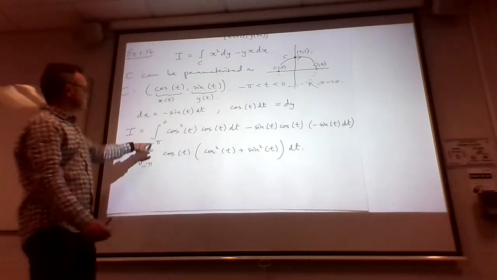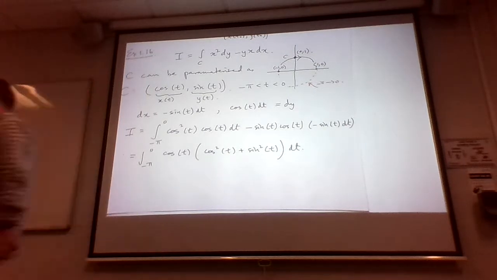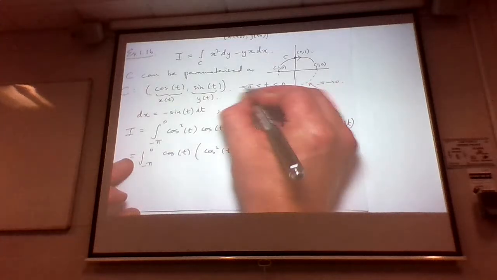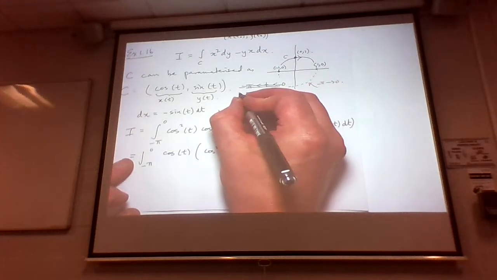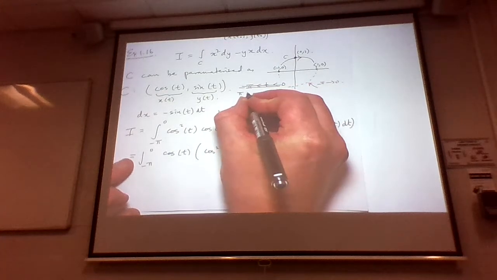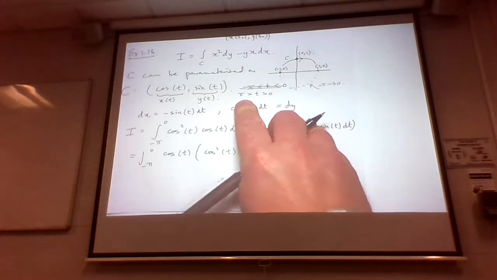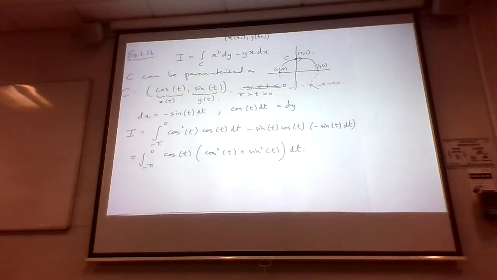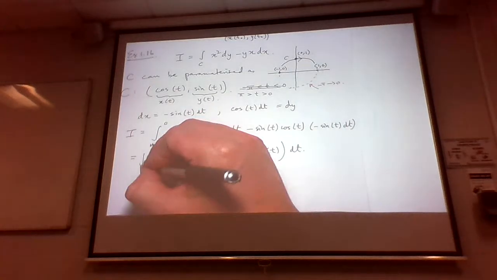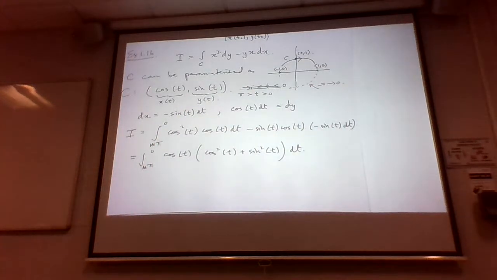So yeah, I should be changing to t starting at pi and going to 0. Yeah, thank you for that. Starting at pi and decreasing to 0, that will send me along the upper branch.